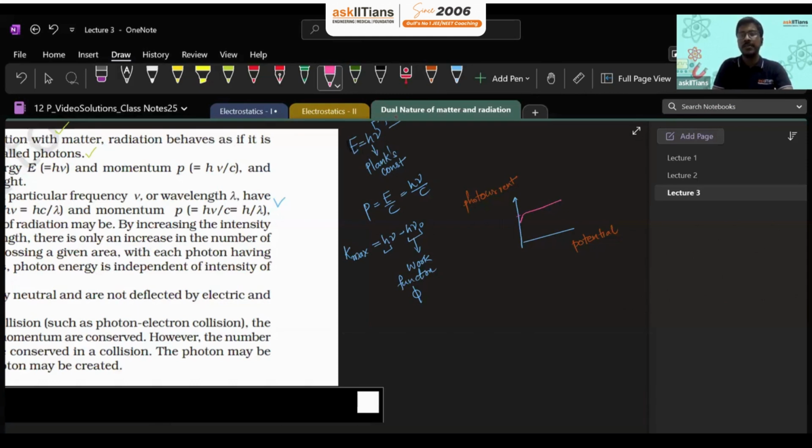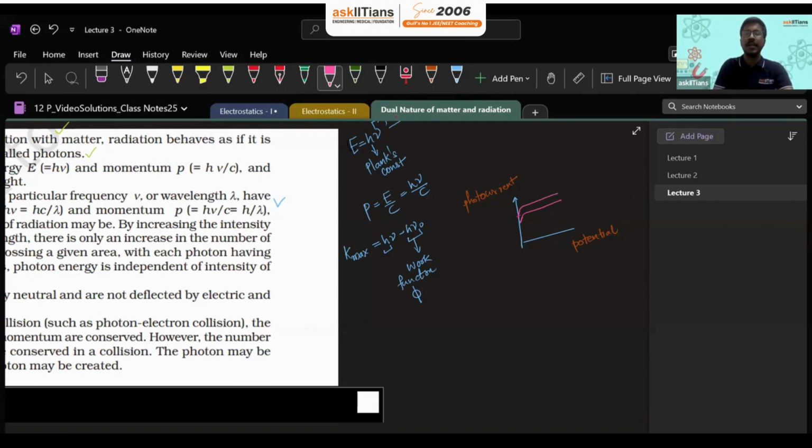If you increase the intensity further, more photo electrons will be ejected and hence more photo current will come up. For a different intensity the curve looks like this, with a higher saturation current, although you increase the potential, it doesn't matter, right?